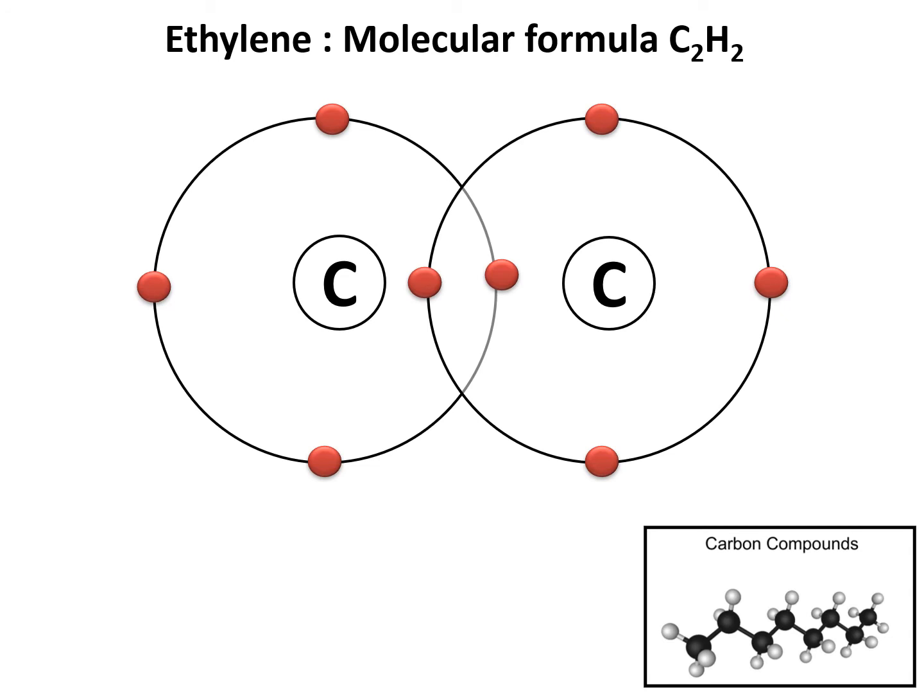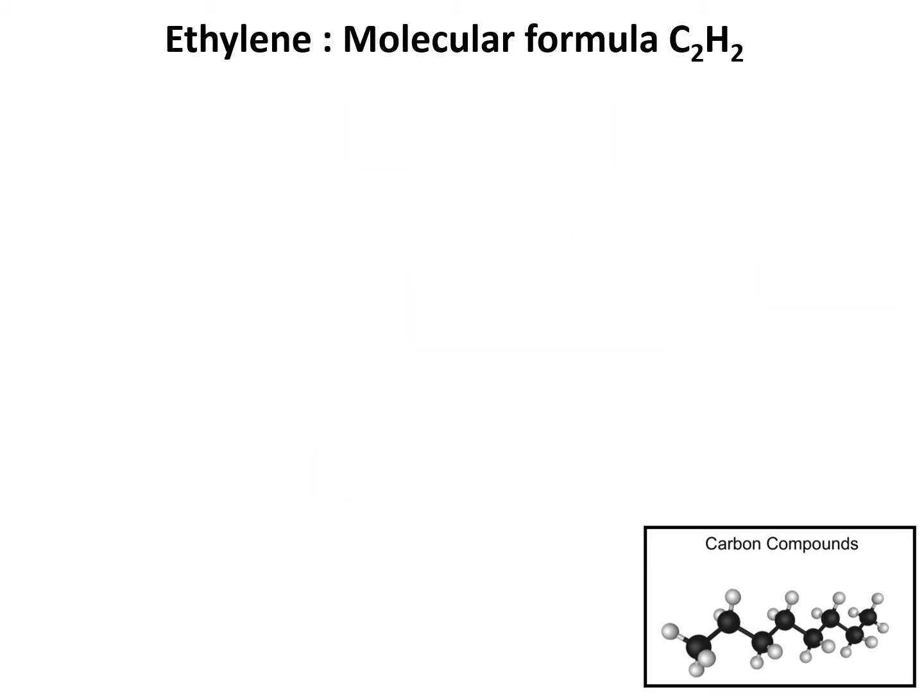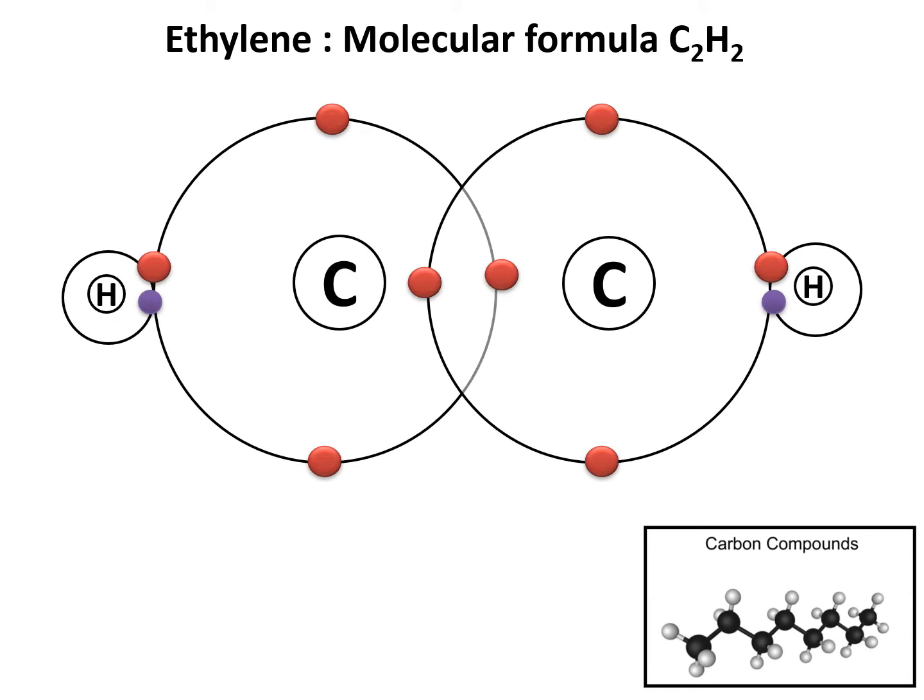Then the molecular formula suggests that it has only two hydrogen atoms. So one carbon atom combines with one hydrogen, and the other carbon atom combines with one hydrogen. So we get two hydrogen atoms joined to individual carbon atoms.